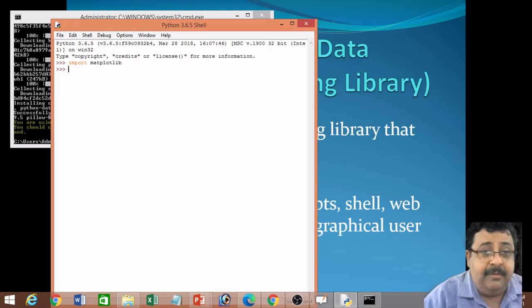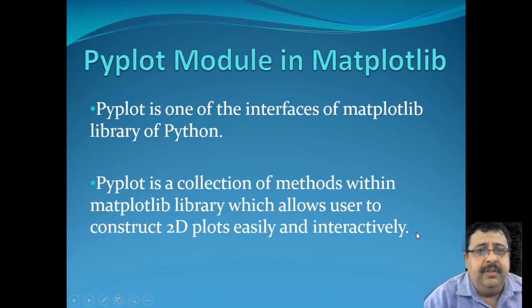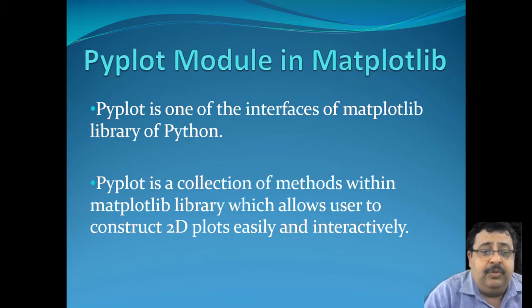That means the library is installed successfully. Now we can utilize this library. Now from the matplotlib library, we are going to use the pyplot module. Pyplot is a collection of methods which allow us to construct 2D plots.